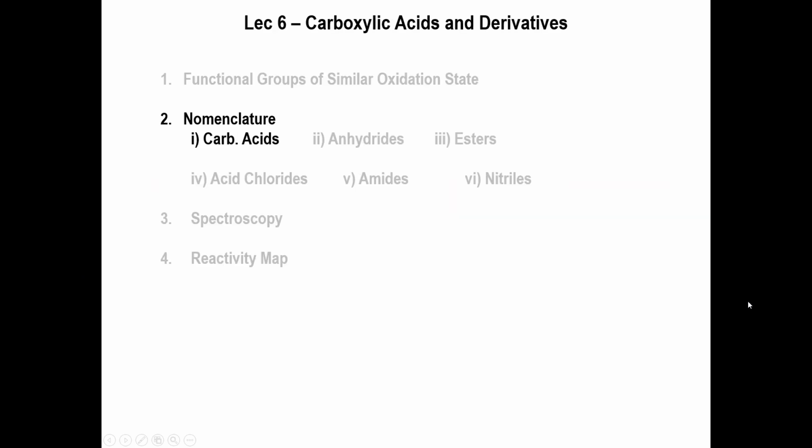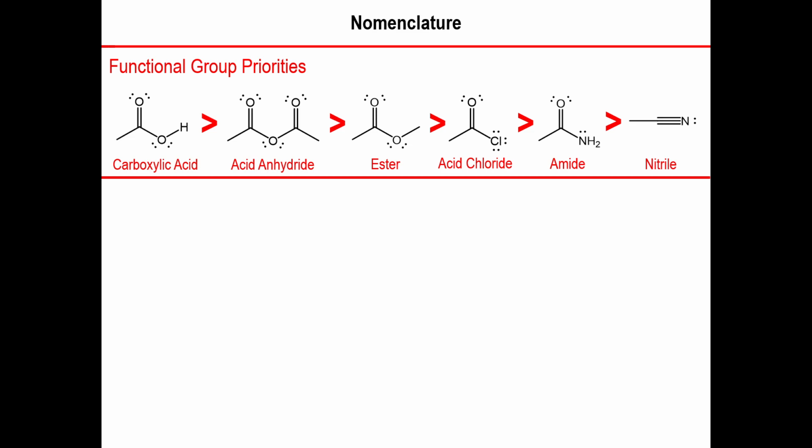Okay, so what this will lead us into is the naming of all these molecules. We're going to start with the carboxylic acids, and then we'll make our way all the way down to the nitriles. Incidentally, I'm doing this exactly in the order of functional group priority.